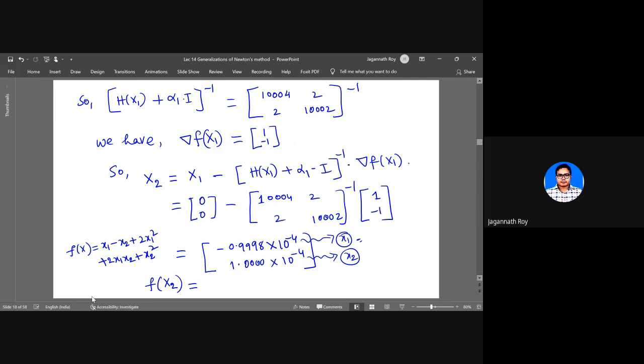We'll substitute these values here, and if we calculate, this value will be negative 1.9997 times 10 to the power minus 4, which is clearly less than 0, which is the f of x1. So we are at x2, f of x2 is less than f of x1, so we are going in the right direction. But whether it is optimal or not, we have to verify.